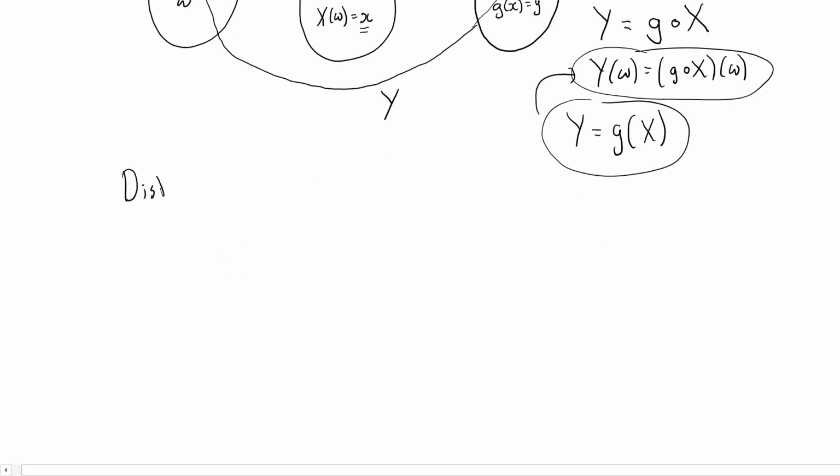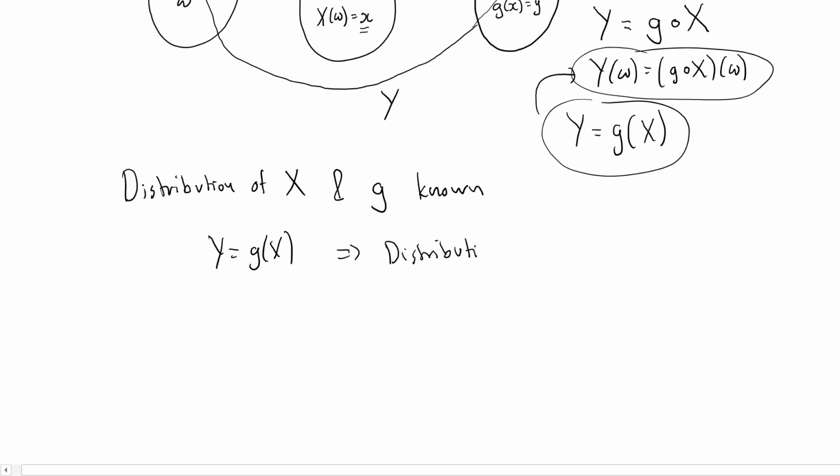If I know the distribution of x, either because I know the CDF, or if x is a continuous random variable, I may know the probability density function. If x is a discrete random variable, I may know the probability mass function. Anyway, I know the distribution of x and I know exactly the function. So y is this function of x. With this information, I can figure out the distribution of y.